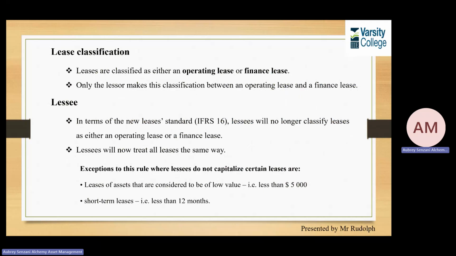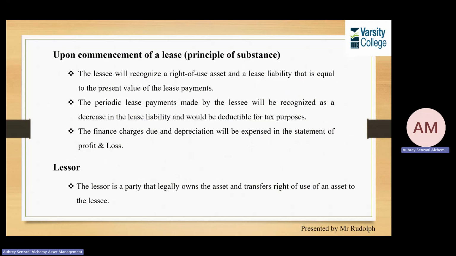So exceptions to this rule, where leases do not capitalize: you've got leases of assets that are considered to be of low value, so less than 5,000. And also if you've got a short-term lease, in other words, a lease that's shorter than 12 months. Okay, that's when you can maybe make it an operating or a finance lease. If none of those conditions apply, then it's just going to be a lease.